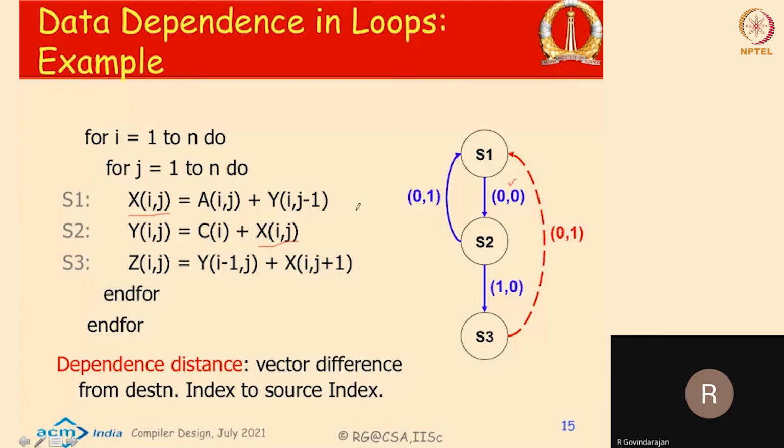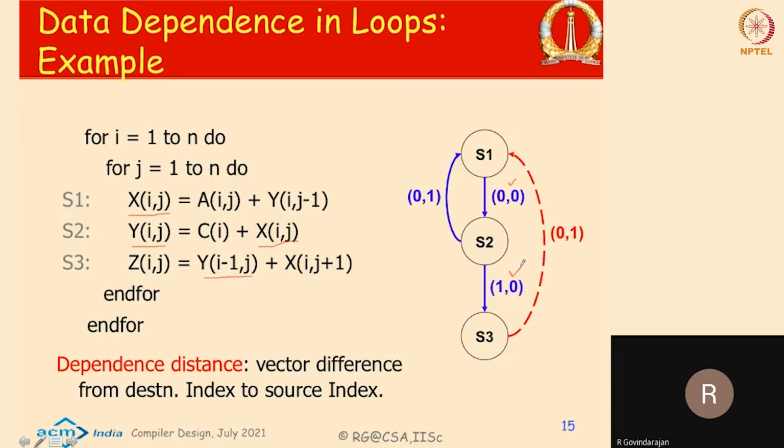Let's now look at this other dependence from S2 to S3, which is over here. S2 produces a value y of ij in iteration i comma j, and that same value is going to be consumed by S3 in iteration i plus 1 comma j. The distance between i plus 1, j and i comma j is 1, 0, and that is this distance vector.